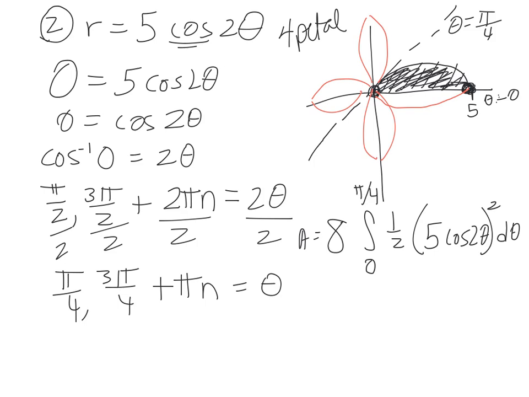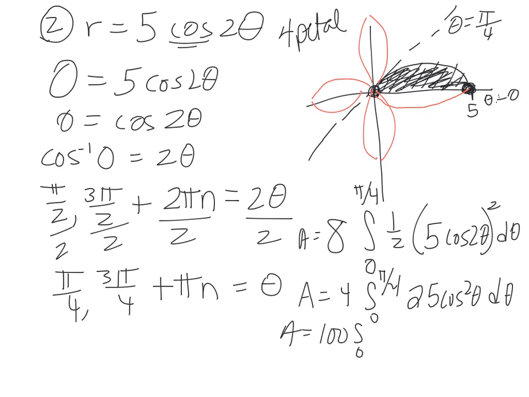I'm just going to get you to where you'd be ready to rock and roll. So I'm going to pull the 1/2 out. So that's going to be 4 times the integral to pi over 4 of, this time the 5 gets squared, so it's 25 cosine 2 theta d theta. The 25 can come out in front. So it's going to be area equals 100 times the integral from 0 to pi over 4 of cosine squared 2 theta.